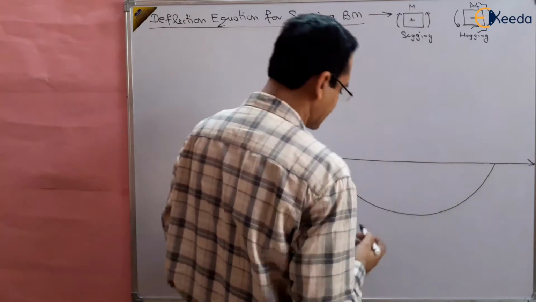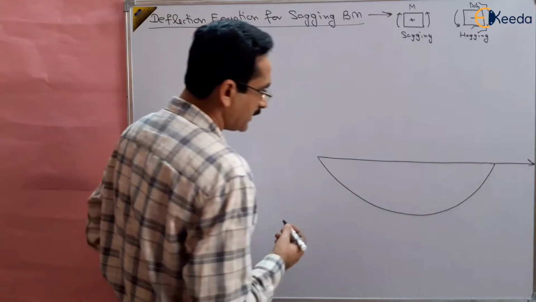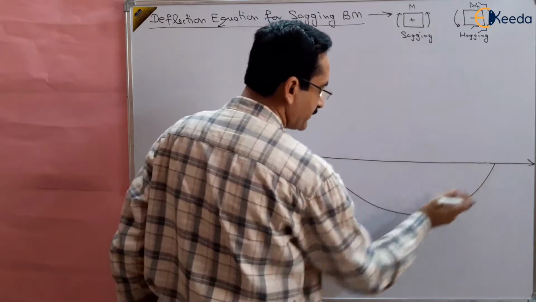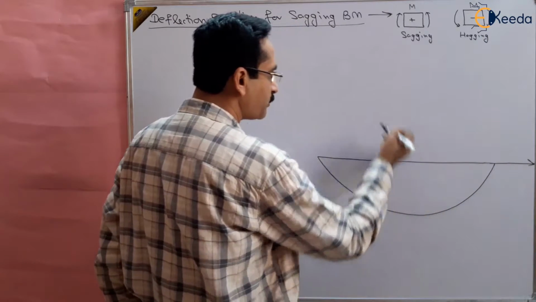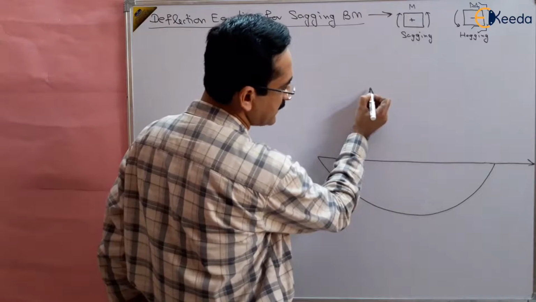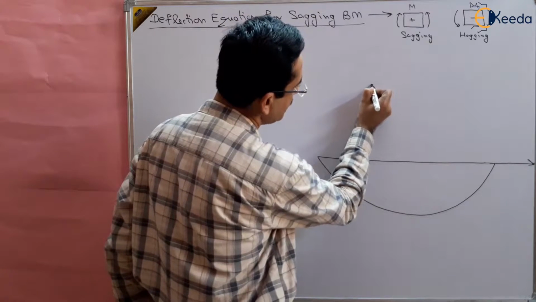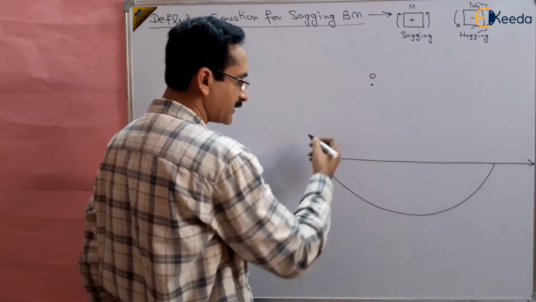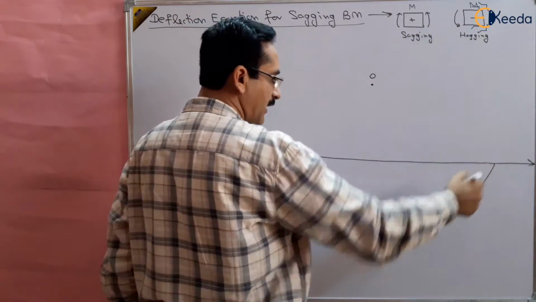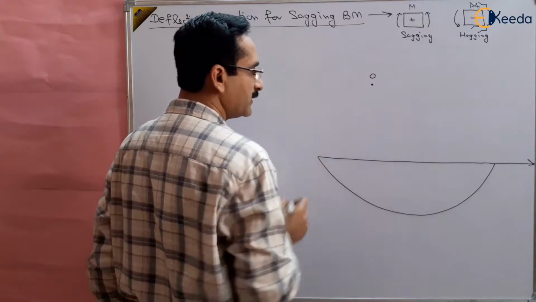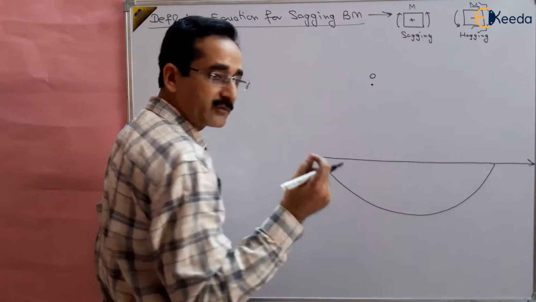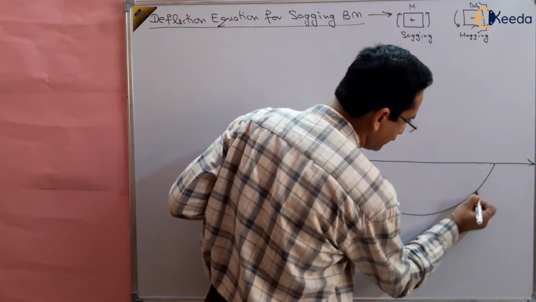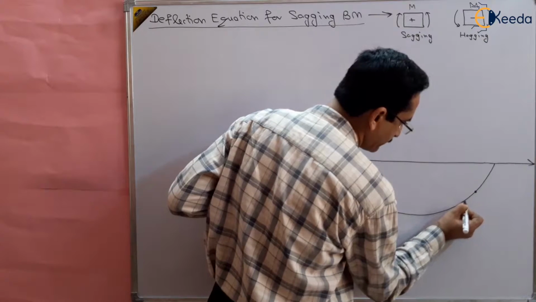In this case you can see there is a curvature, and suppose at a certain point there is a center of curvature, like this, and this is point O. The center of curvature of this arc is at this point. And we are assuming any 2 points, suppose one point is here, another point is here.